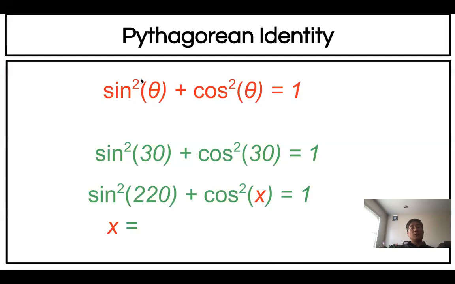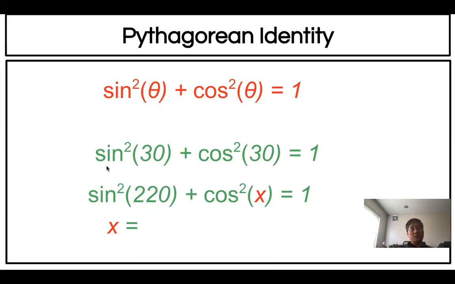So sine squared plus cosine squared is equal to 1. This is a ratio, so even though the triangle gets bigger, the trigonometry value is always the same. So sine theta squared plus cosine theta squared is equal to 1. This angle must always be the same.